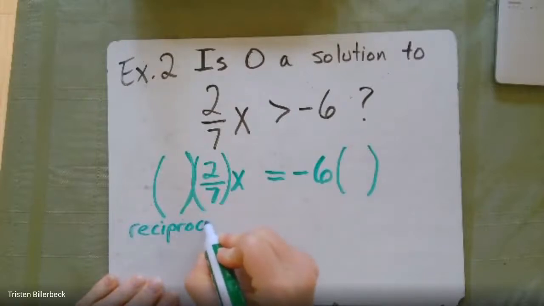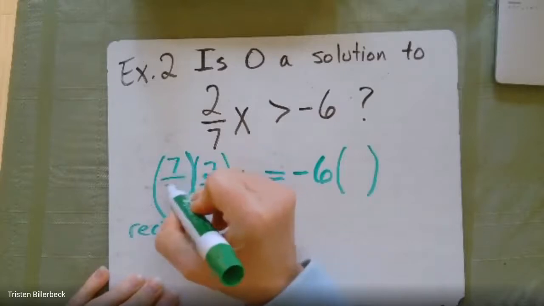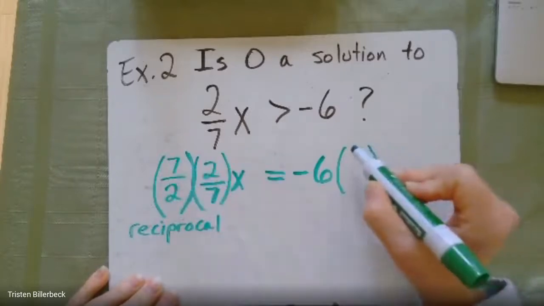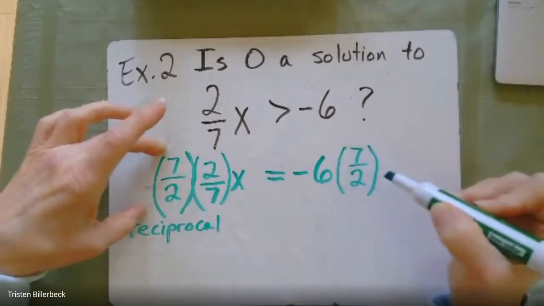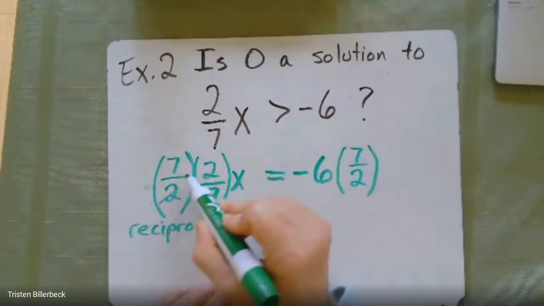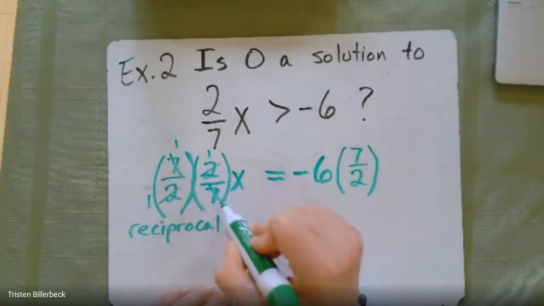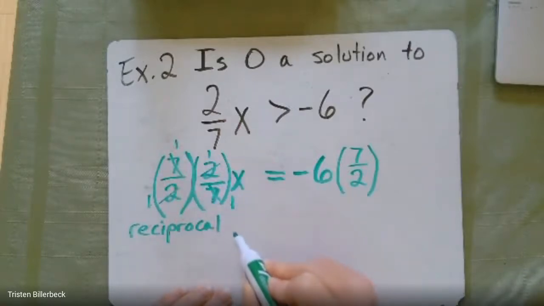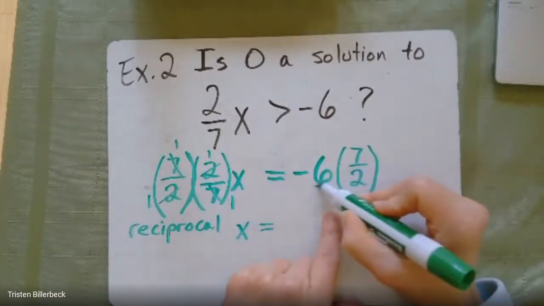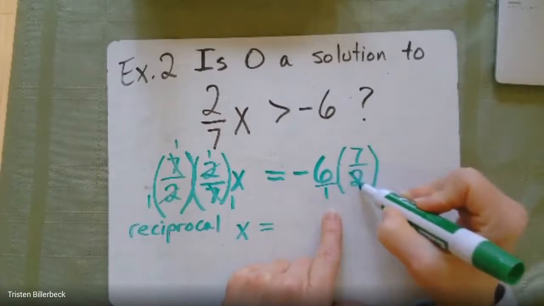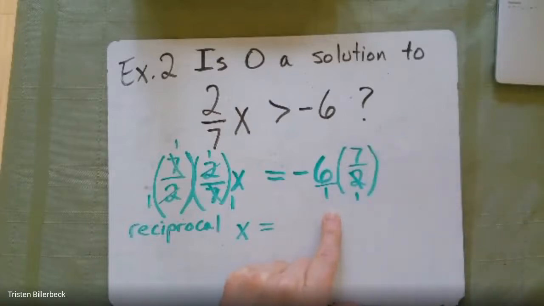There we go. So now we're going to write 7 over 2, which is the reciprocal. And if we do it to this side, we do it to this side. What that does is that cancels, and that cancels. And we just have x equals, and if this is over 1, we can take the 2 out here, or let's not.